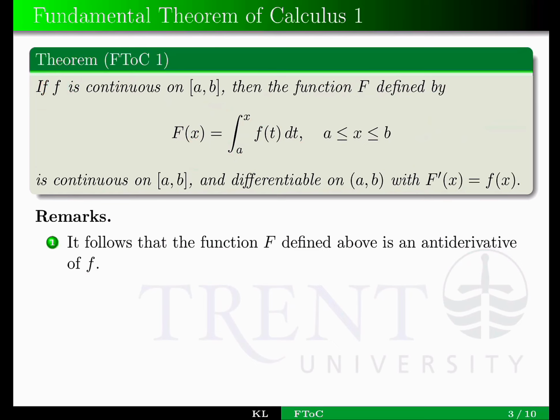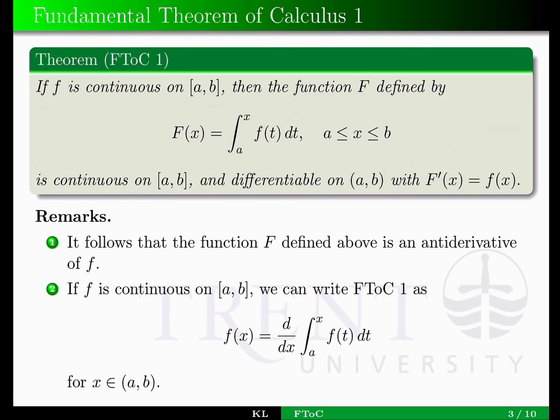Furthermore, looking at capital F prime of x equals small f of x, we can rewrite it this way. If small f is continuous on the closed interval AB, then small f of x can be written as the derivative with respect to x of the integral from a to x of f of t dt, for all x inside the open interval AB.